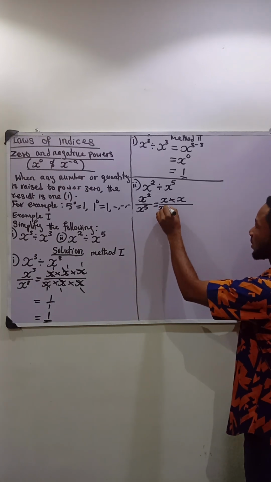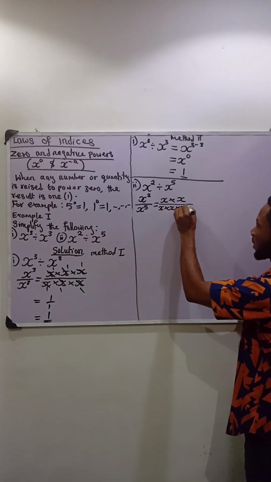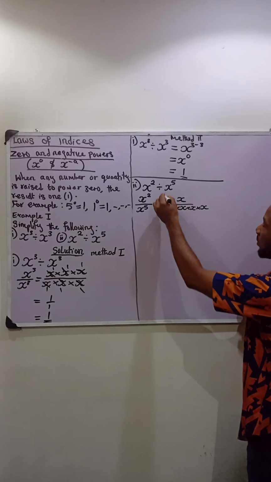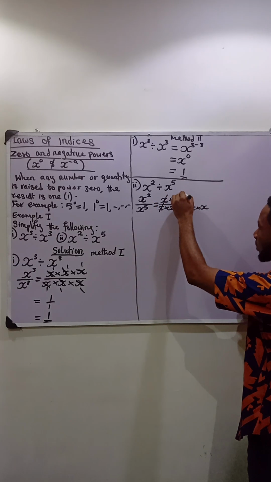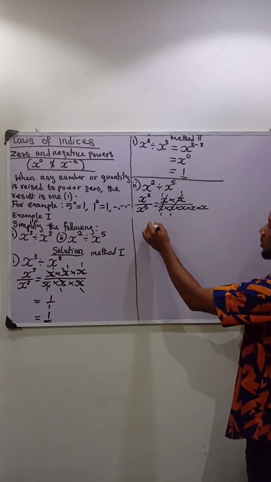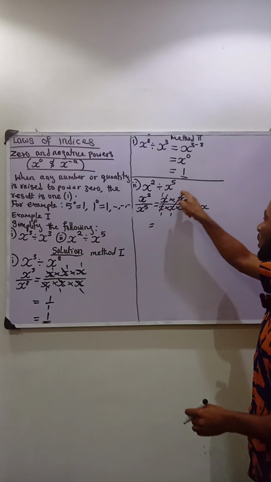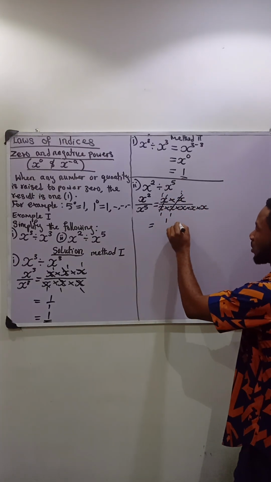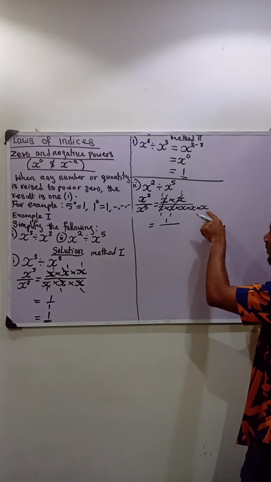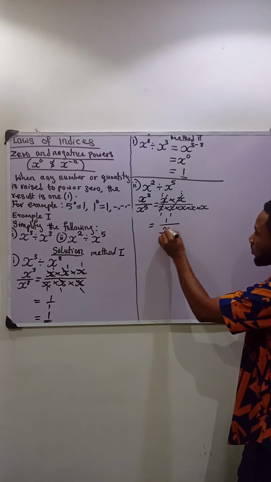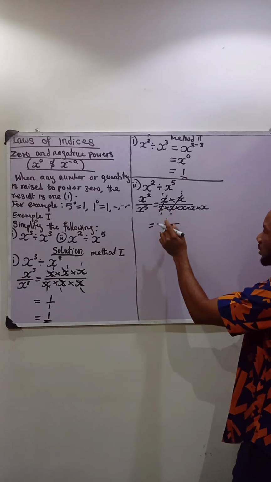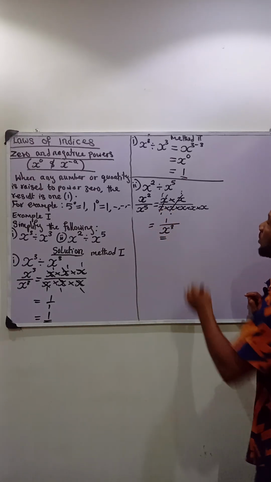You have s times s times s times s times s. 1 2 3 4 5. This will cancel this, and this will cancel this. You have 1, 1 here. So from here, 1 times 1 will give us 1 over 1 times 1 times s times s times s, which will give us s raised to the power of 3. So this is our final answer here, method 1.